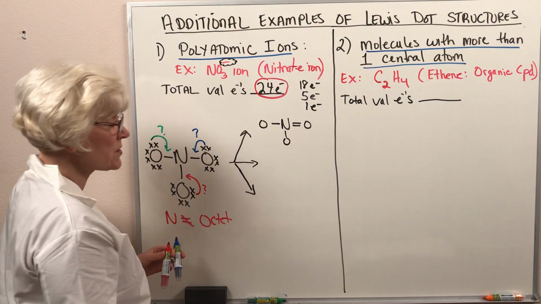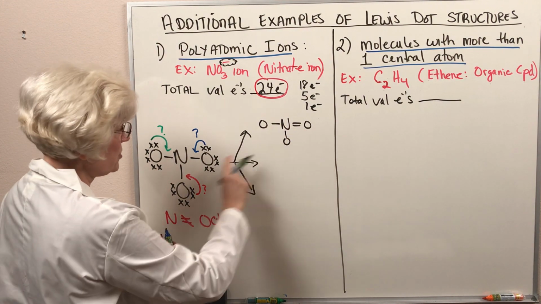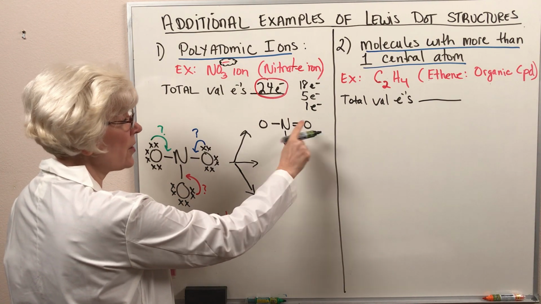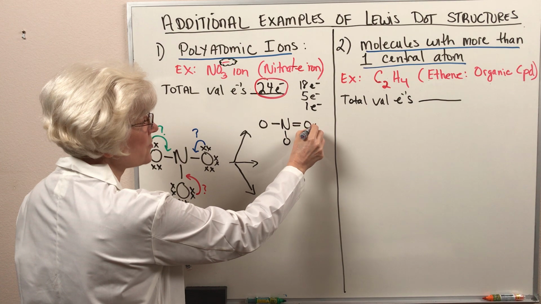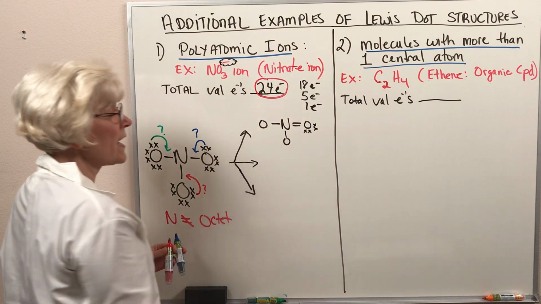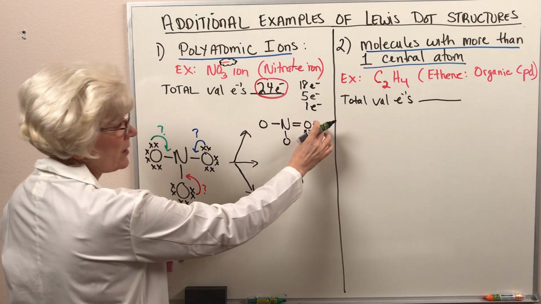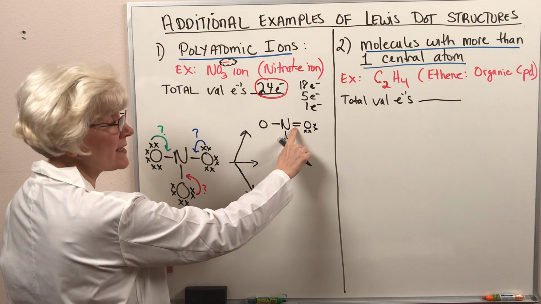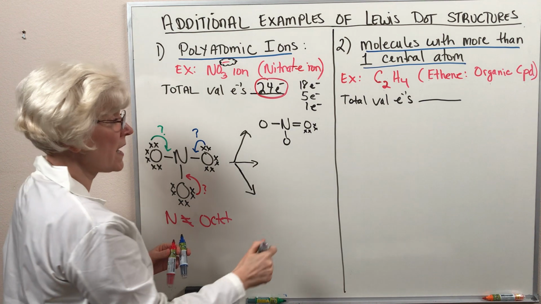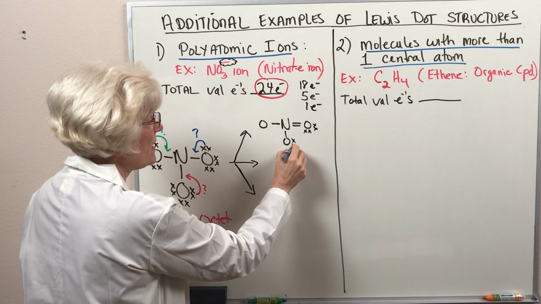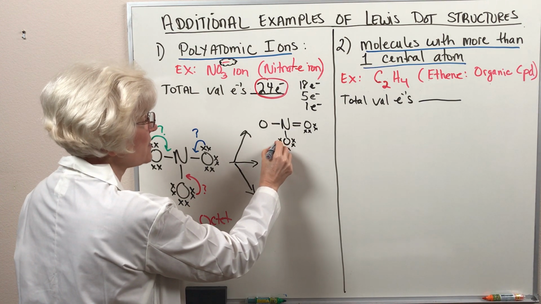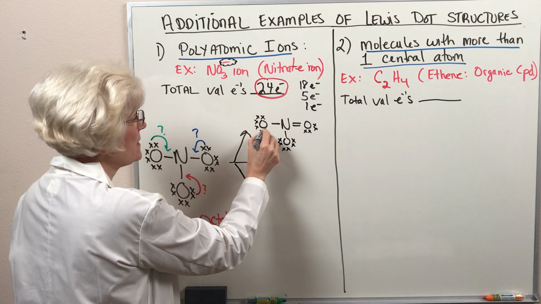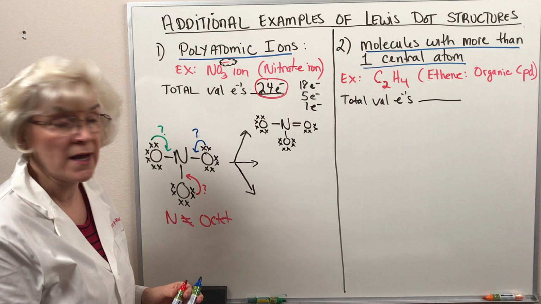So this first structure that I'm drawing shows the far right oxygen atom serving as the donor of the extra electrons to form a double bond with nitrogen. So I'm only going to place 4 valence electrons around the oxygen because it's engaged in a double bond with nitrogen. The remaining oxygen atoms are singularly bonded, so I am going to give them 6 valence electrons.